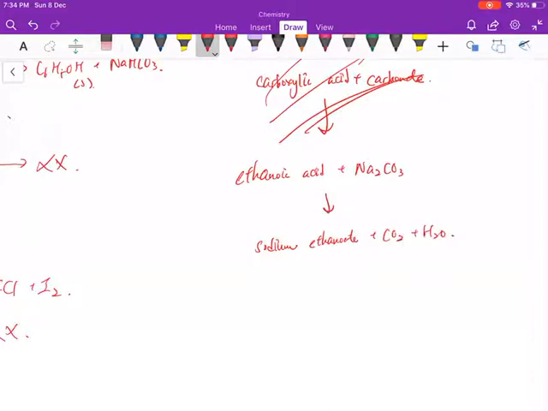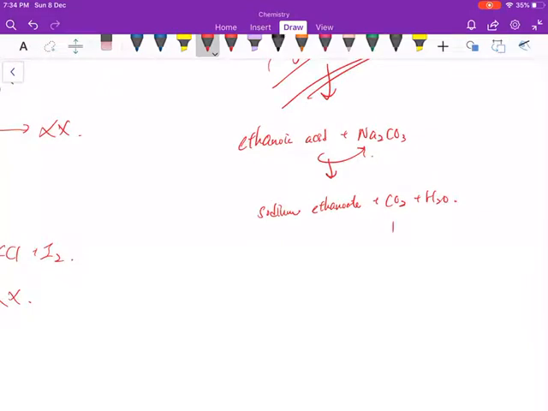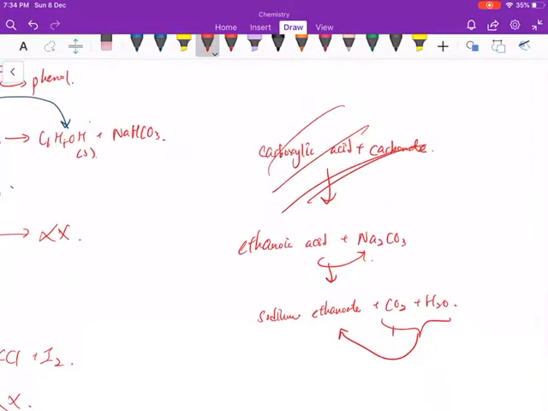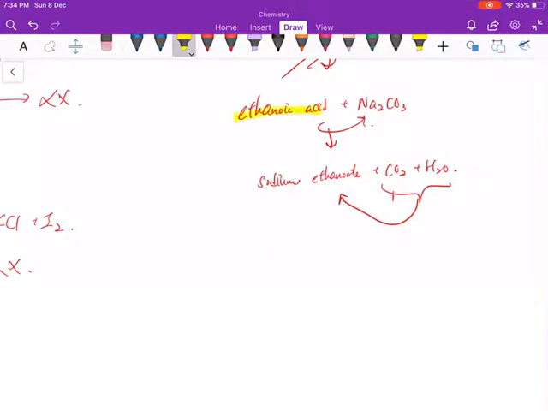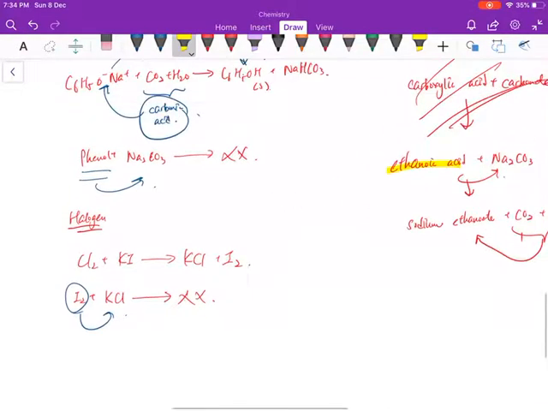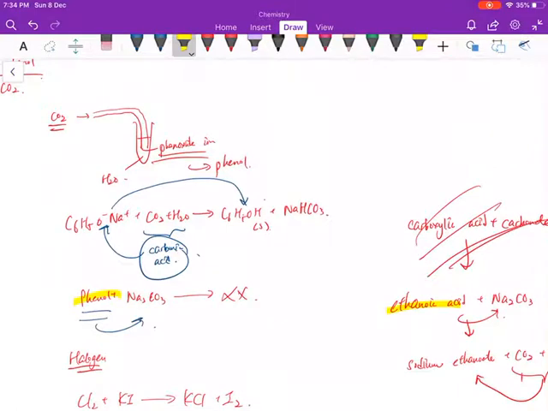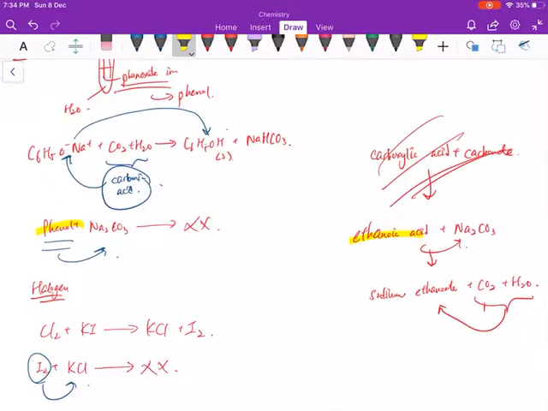So that means ethanoic acid can displace sodium hydrogen carbonate or sodium carbonate, whereas the carbon dioxide and the water is not able to displace back sodium ethanoate. So the point I'm trying to make here is it shows ethanoic acid is more acidic than phenol, which links back to the acidity: the OH bond electron density in ethanoic acid is lower when we compare it with phenol, which is higher.